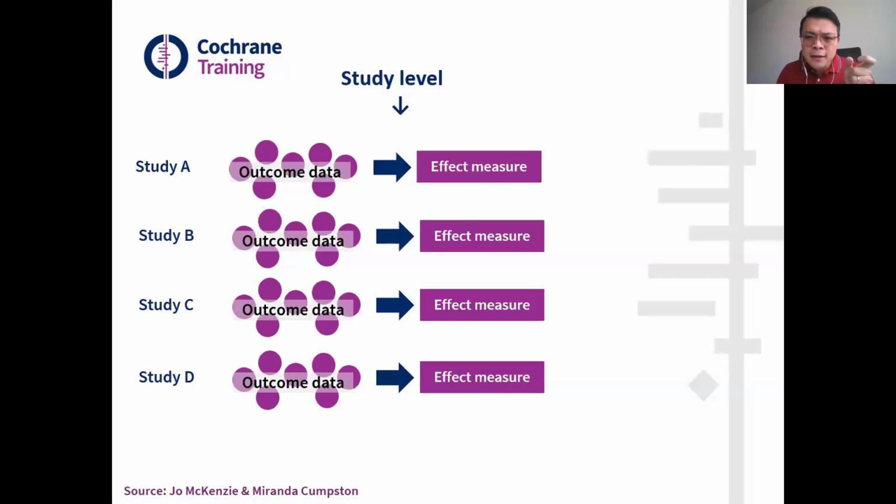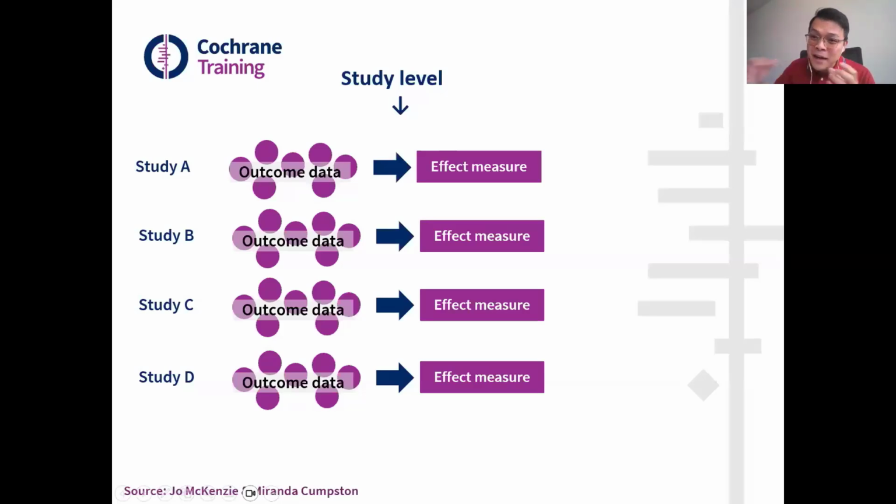We'll discuss effect measures in a while, but an effect measure is a statistic, a value that represents the effect of interventions on the participants. And when we select and calculate a consistent effect measure across studies, it allows us to compare apples to apples.